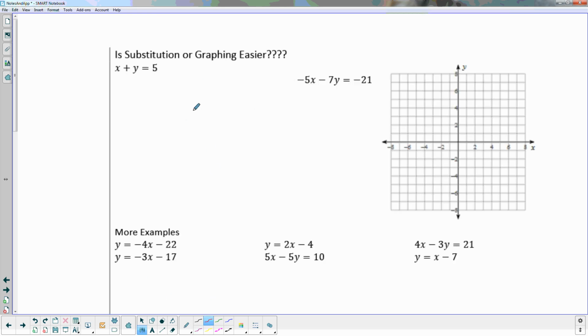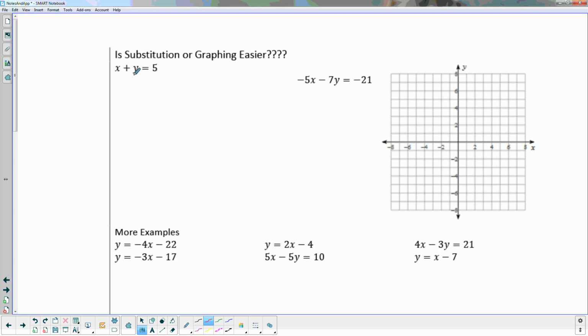So one thing that people always wonder is, is it easier to use substitution or graphing? I don't know why these got all messed up over here, but that's okay. I don't want to stress this too much, but on a problem like this, if I want to graph it, and sometimes graphing is easier, the problem is this is in standard form.